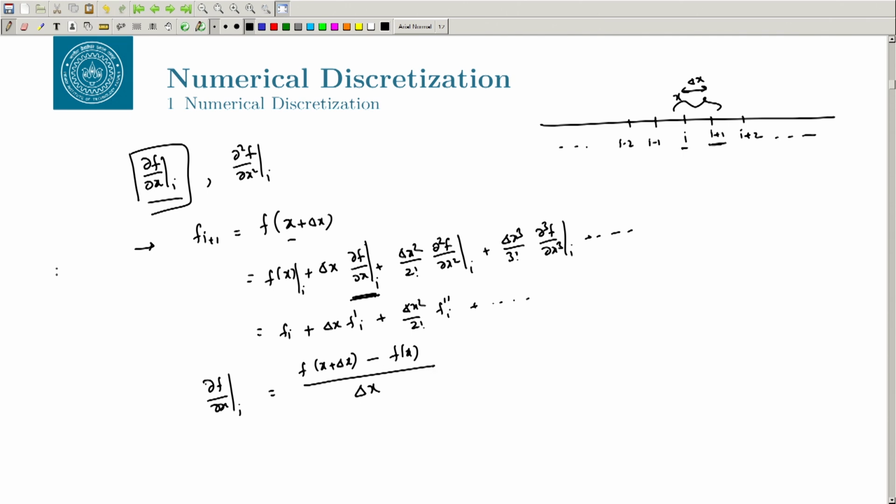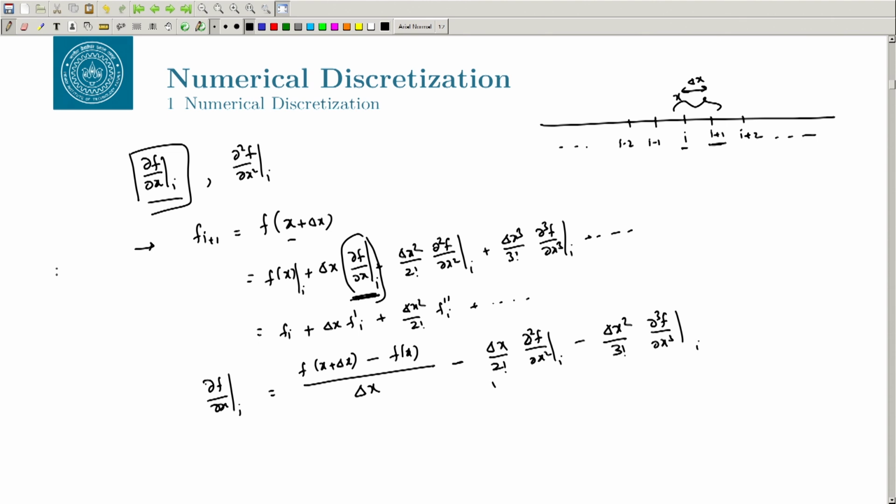I am taking this entire term on the left side and dividing by delta x, and I am taking the other terms on the other side, minus delta x by factorial 2 del 2 f by del x square and minus delta x square by factorial 3 del 3 f by del x cube.